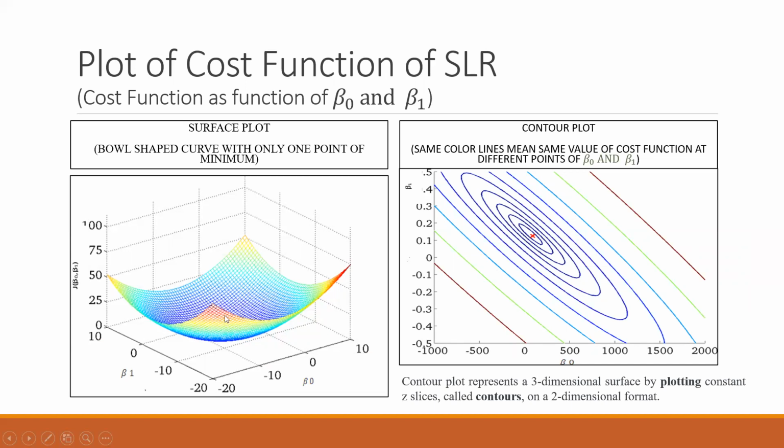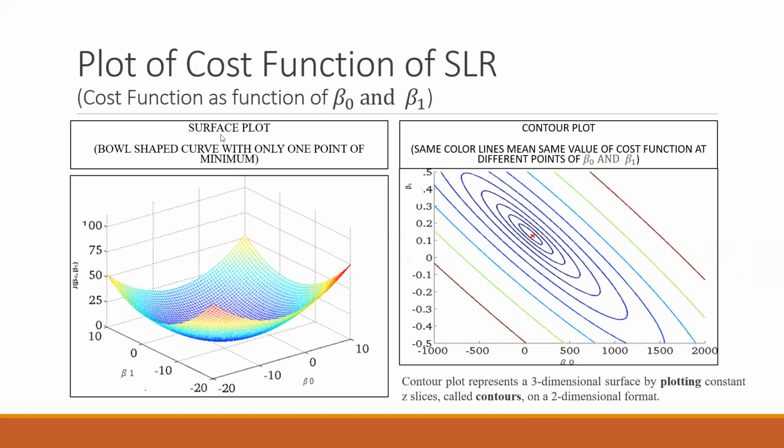If this left hand side figure is converted into 2D, and we are seeing the projection of this plane on the bottom, it will look something like this. We can say that this contour that we are plotting is elliptical in shape.